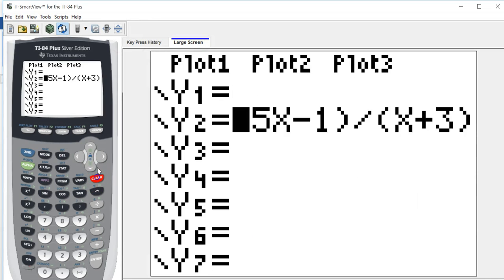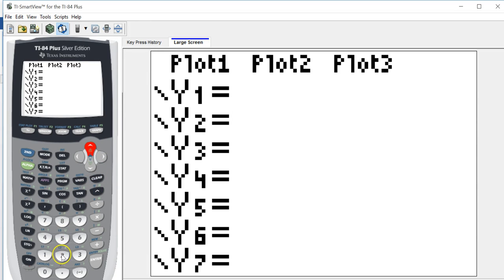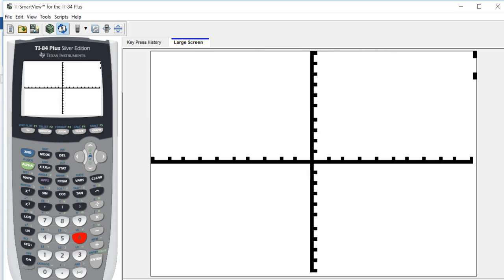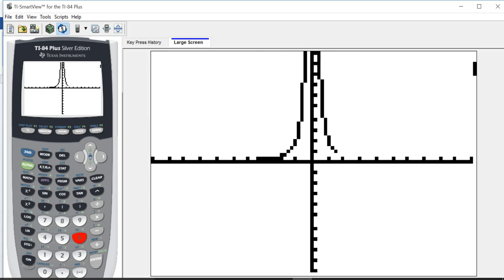It's 2 times x to the power of negative 2. Zoom 6. Okay, that's what it looks like.